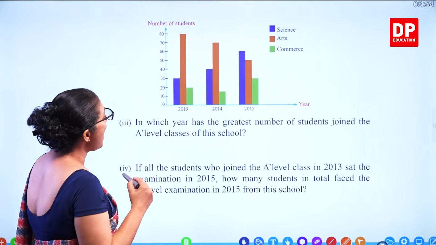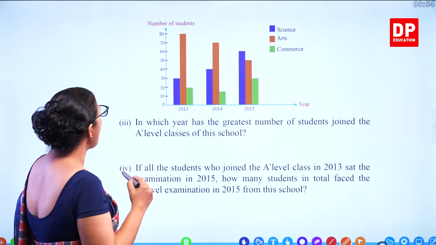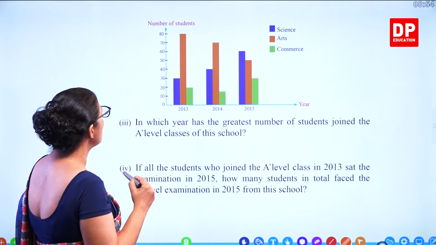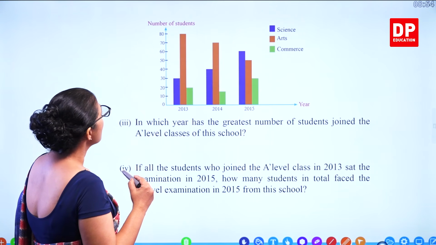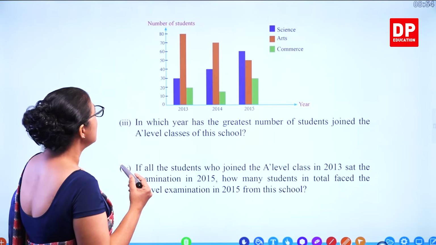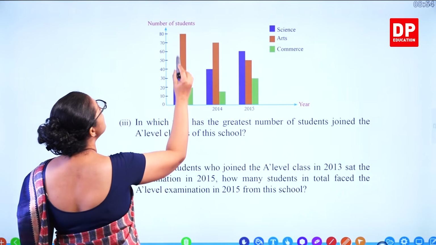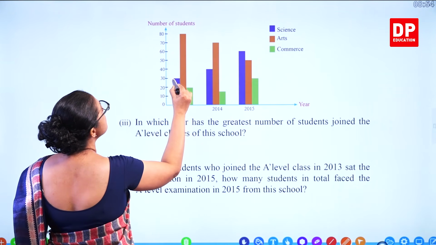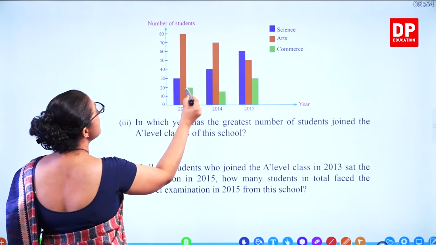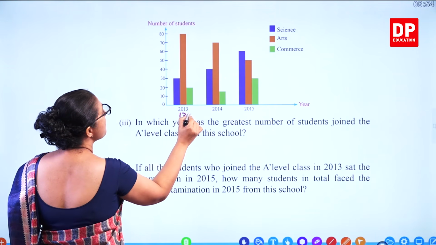And in which year has the greatest number of students joined the A-level classes of this school? Which year? So we need to take the total. So if you take the total 30, 80, so 110, 110 plus 20, 130 here.